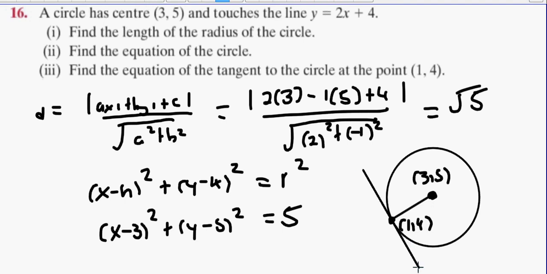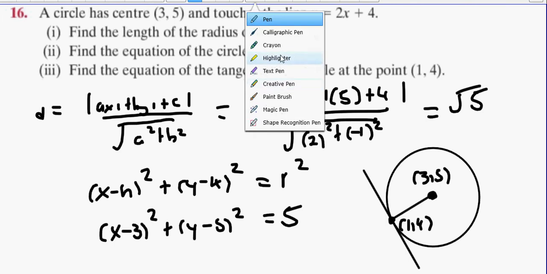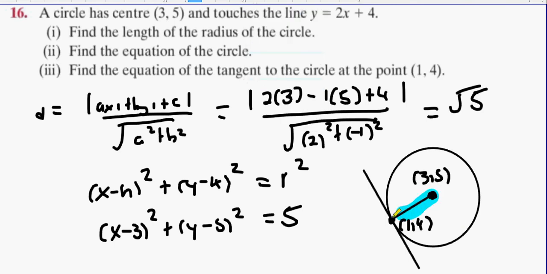You want this tangent here, okay? So we need to find the slope of the radius. So you need to find the slope using the slope formula. You find the slope of this blue line.